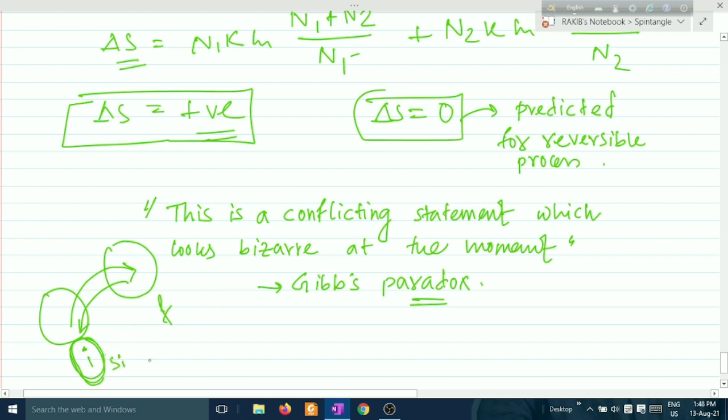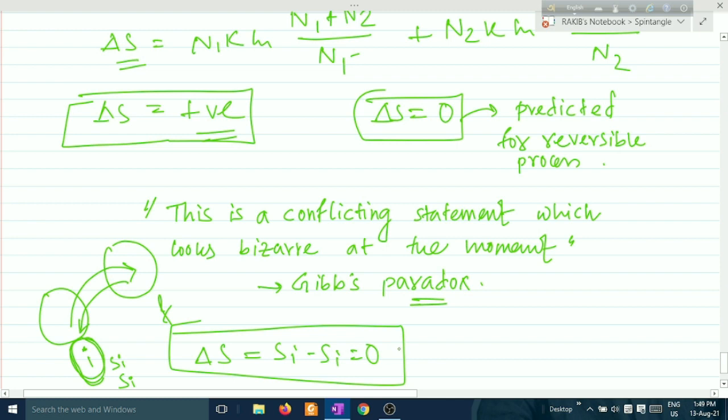Here the entropy was Si, and even after ending the process, the entropy remains the same because the system does not change its position. Therefore del S will be Si minus Si. That should be equal to 0 for a reversible case, but that is not coming 0, it is coming to be positive. Okay, this is Gibbs paradox. It is a paradoxical, conflicting situation in which the mathematical treatment does not resemble the predicted or theoretical statement.